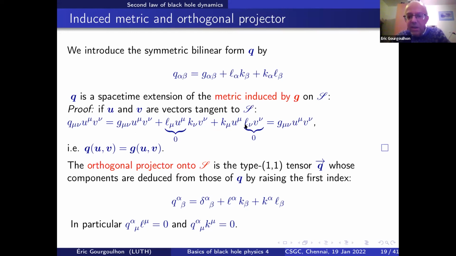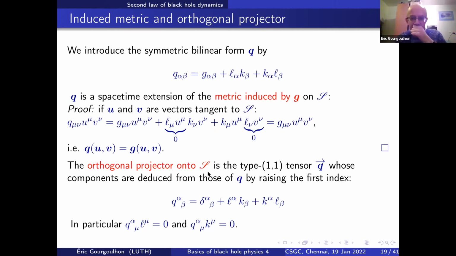And similarly, this term is zero because V is tangent to S. So at the end, the scalar product obtained by Q is the same as the scalar product obtained by G. So I may say that Q, when I restrict it to S, is nothing but the metric induced by G on S.